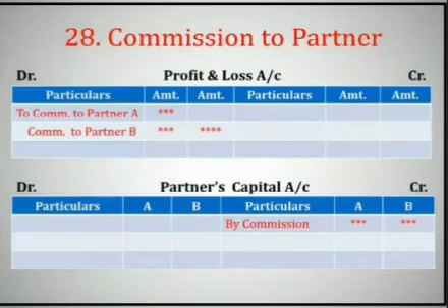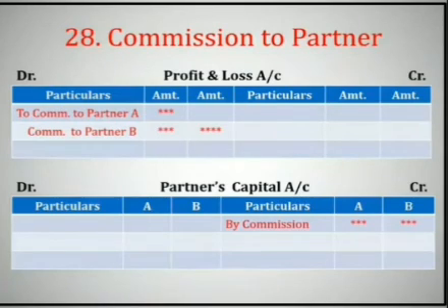In the same way, we have to give effects to the salary to the partner. If the salary is also there, then we will debit to the profit and loss account.